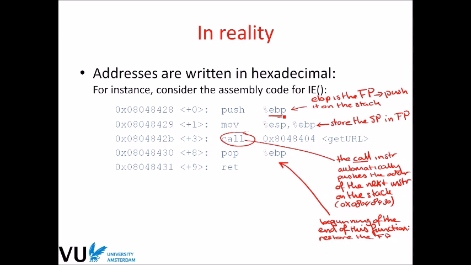Now we do the call, and the call automatically pushes the return address onto the stack. That is the address of the next instruction to execute after this function returns.